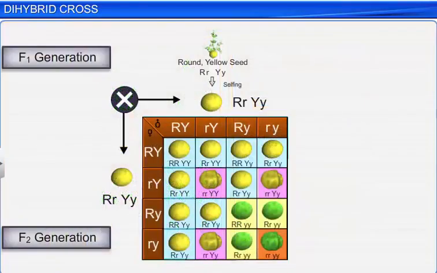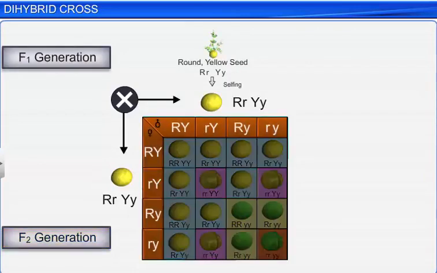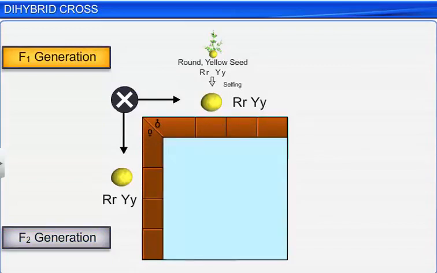We can use the Punnett square to easily understand the independent segregation of the 2 genes during meiosis and the production of pollen grains and eggs in the F1 generation. For example, in the dihybrid cross experiment conducted by Mendel, the genotype of the seed obtained in the F1 generation was capital R, small r, capital Y, small y.